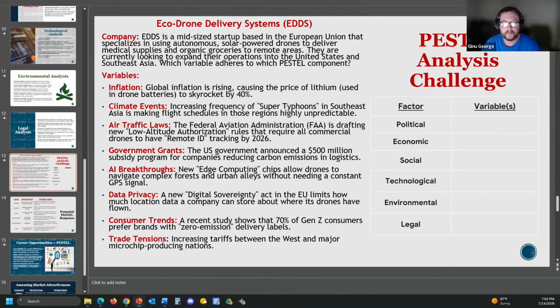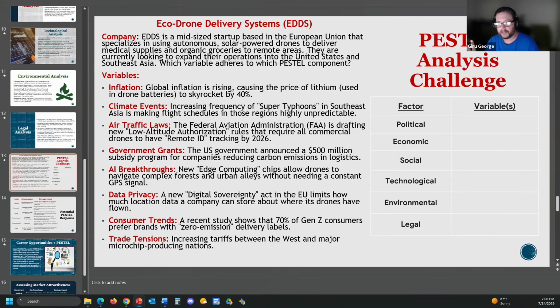Here we go. Let's put your knowledge to the test. I want you to look at this scenario for a company called Eco Drone Delivery Systems, or EDDS. They use autonomous solar powered drones to deliver medical supplies and organic groceries. There are 8 real world variables on this slide.